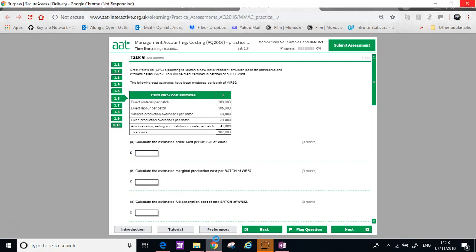So what I'm going to do, once my computer settles, is add the 103 to the 105 to the 84 to the 34 to come to an answer.